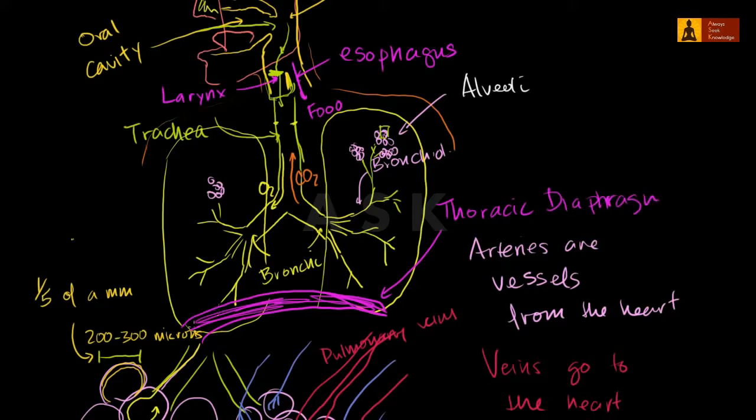And so when it's relaxed, it has this arch shape, and so the lungs are kind of squeezed in. They don't have a lot of volume. But when I breathe in, this thoracic diaphragm is contracted. And when it's contracted, it gets shorter, but more importantly, it opens up the space where my lungs are, and so my lungs can fill up that space.